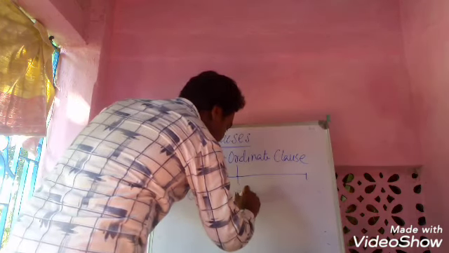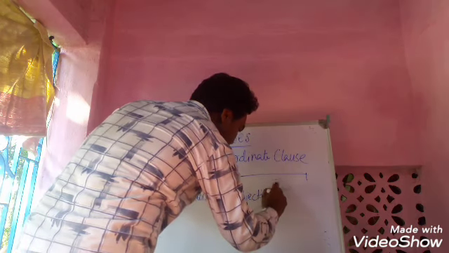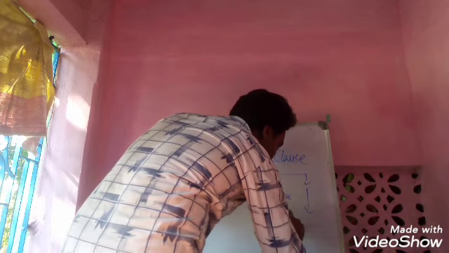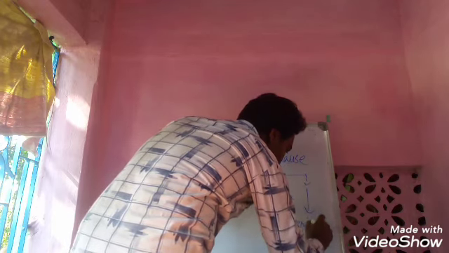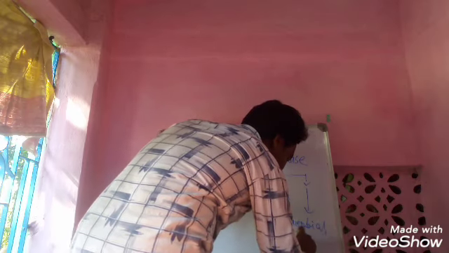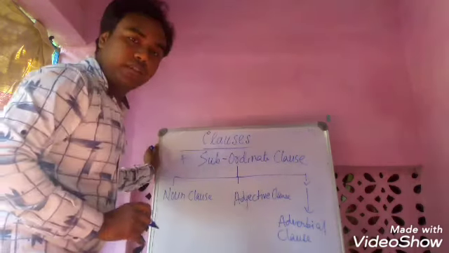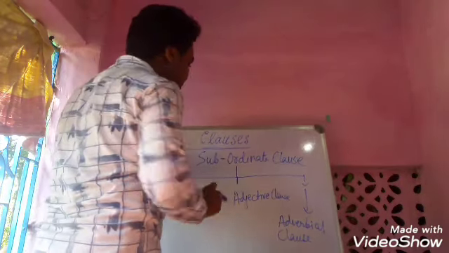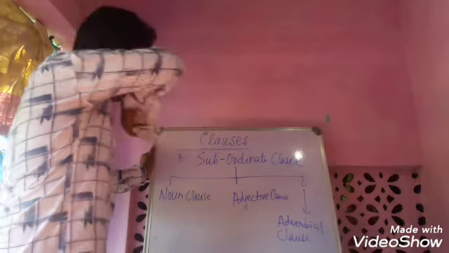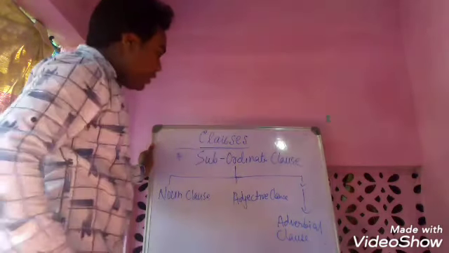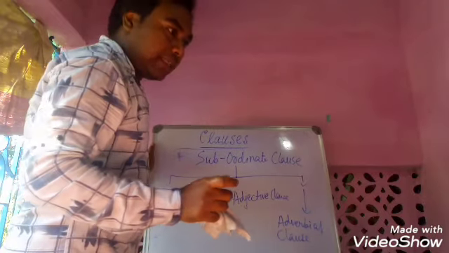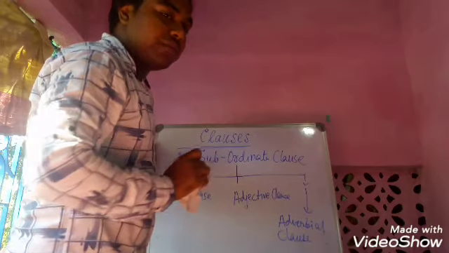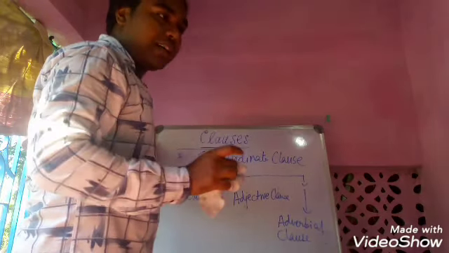Then adjective clause. And thirdly, adverbial clause. Noun, adjective and adverbial: these 3 kinds of clauses are there as far as subordinate clause is concerned. In the next video, I will discuss noun clause only, because each clause has its different kind of construction. So we have to discuss it differently.